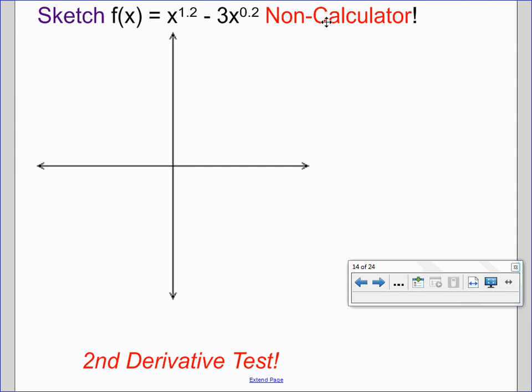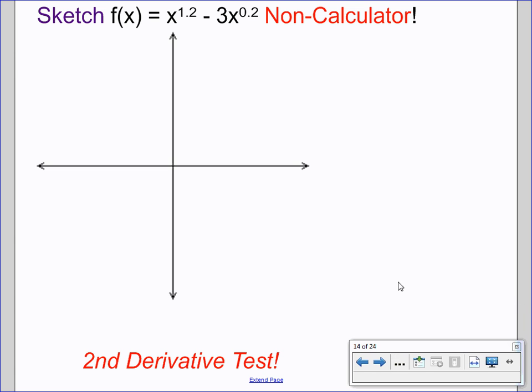All right, so let's go ahead and get our zeros really quick to add that to the mix. So we've got zeros at, if I set that equal to 0, I can get my zeros now help with our graph too. So when I set this equal to 0, I can solve by factoring.